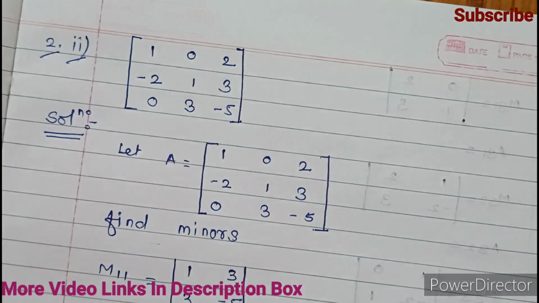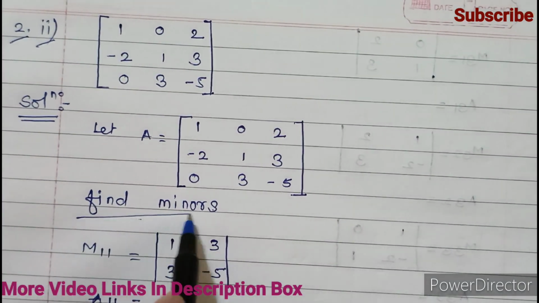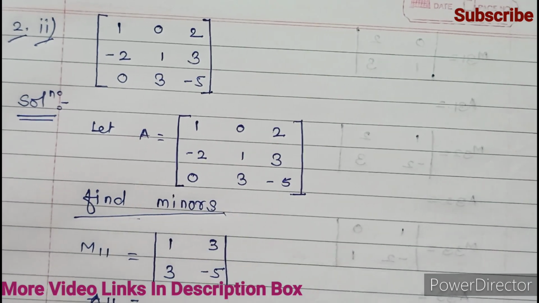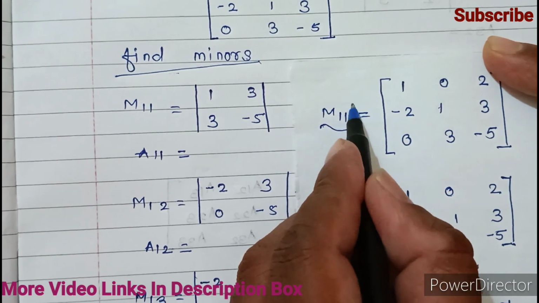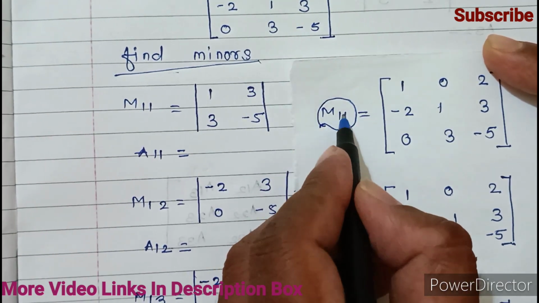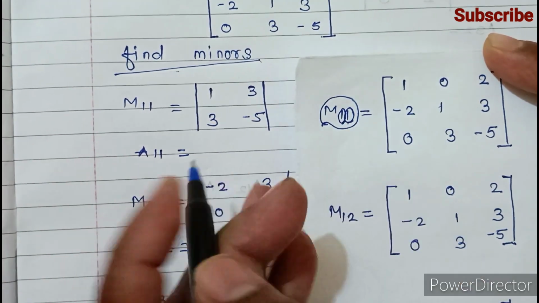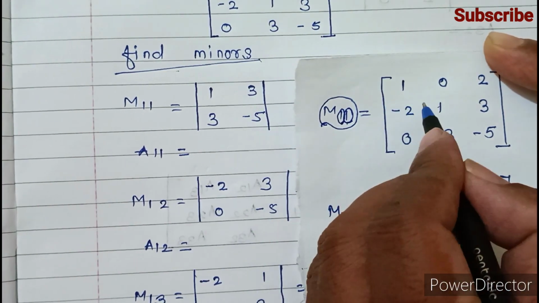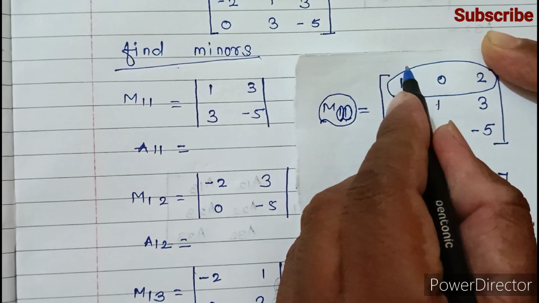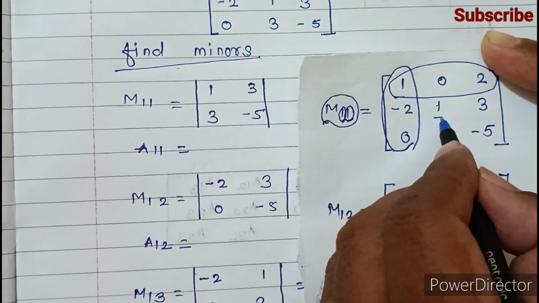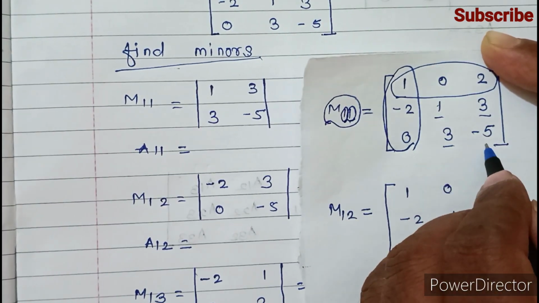At first we have to find the minors. Then minor m11 can be found by eliminating the first row and the first column, and we get the elements 1 3, 3 minus 5.